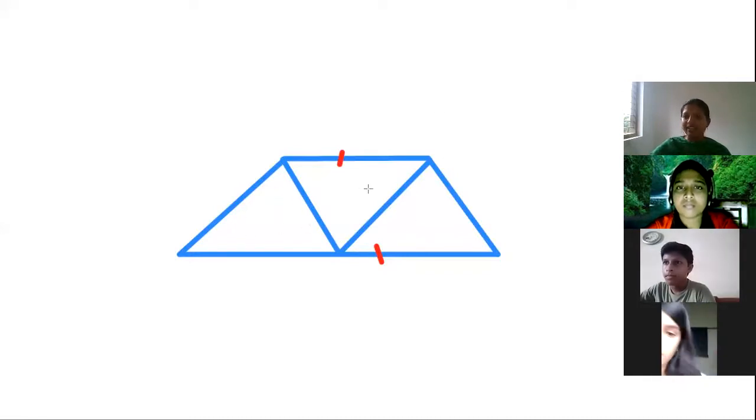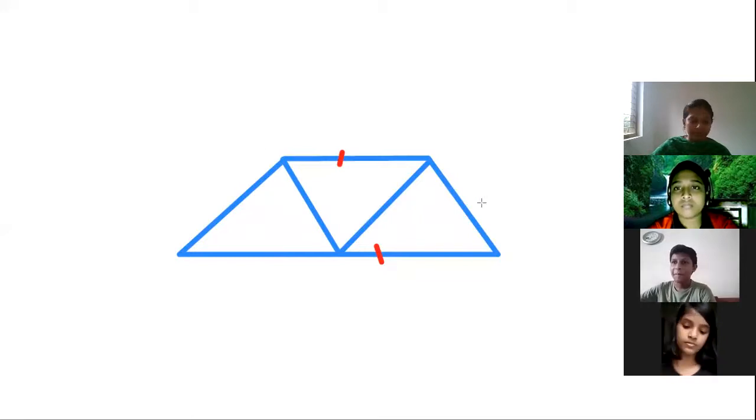Here we have 3 triangles, is it? By interchanging their position, we can make two more trapeziums. So you have to cut a piece of paper into 3 congruent triangles of measures 3, 4, and 5 centimeter. And then you can check this.